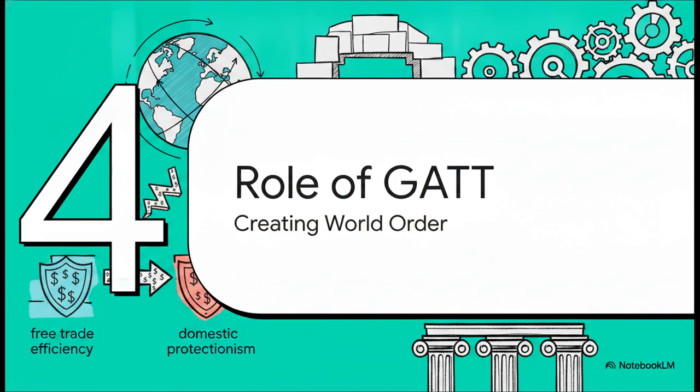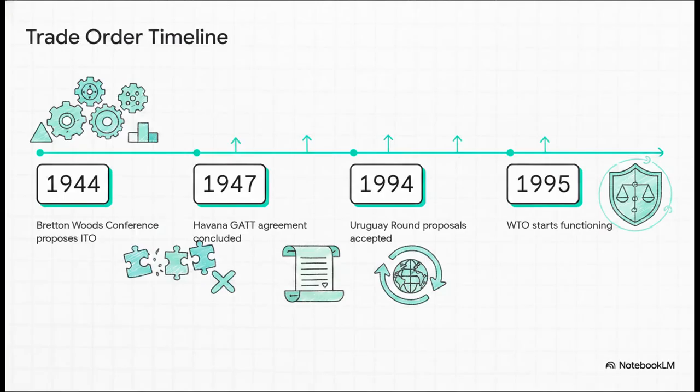Section 4. The role of GATT, creating world order. Following the devastatingly restrictive trade practices we saw during World War II, nations were desperate for a new system. Back in 1944, at the Bretton Woods Conference, an International Trade Organization, or ITO, was proposed. But those plans for the ITO actually failed.